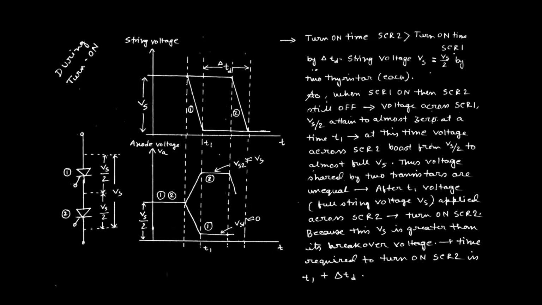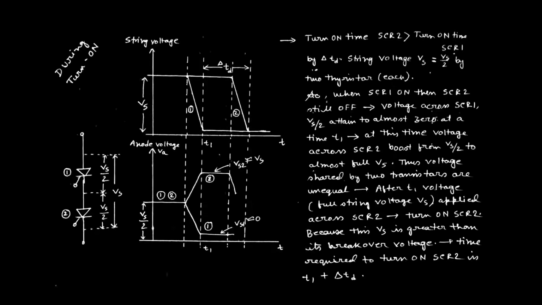So the SCR string voltage falls, as both SCRs are working and the current is high enough to share the total string current.